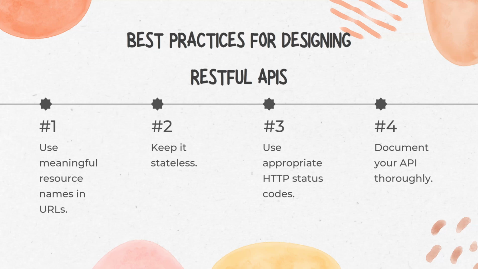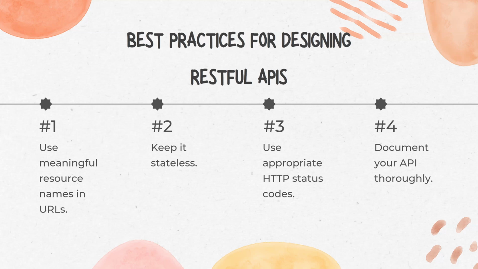Okay, so designing a RESTful API isn't just about making it work. It's about making it work well. So here are a few best practices to keep in mind. First of all, use meaningful resource names in URLs.